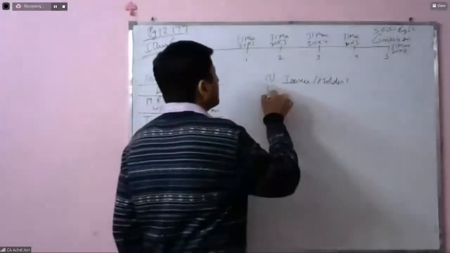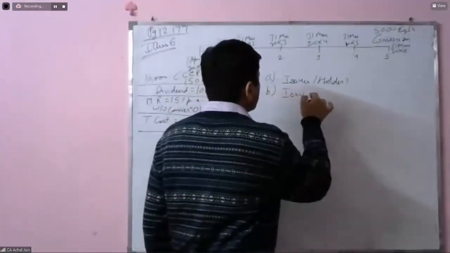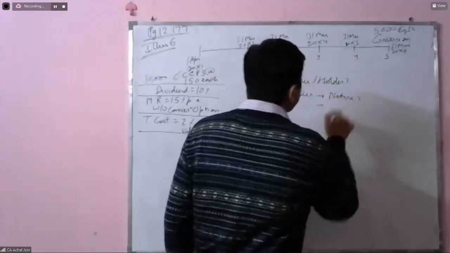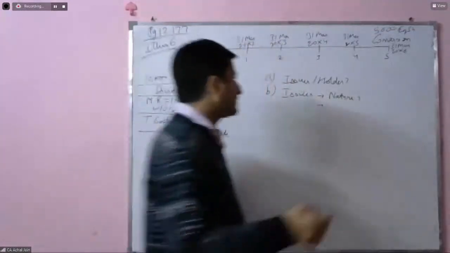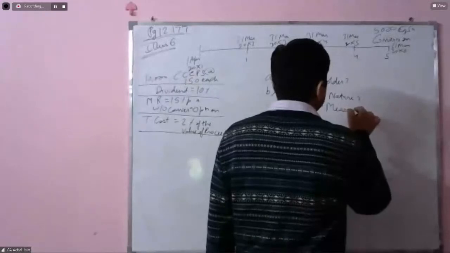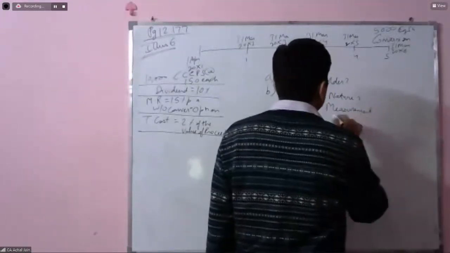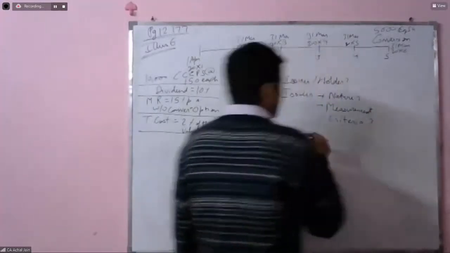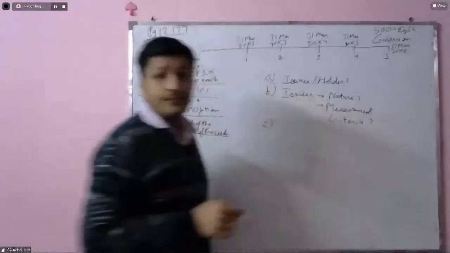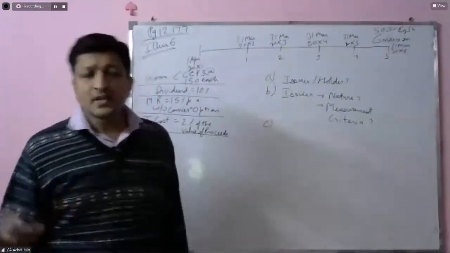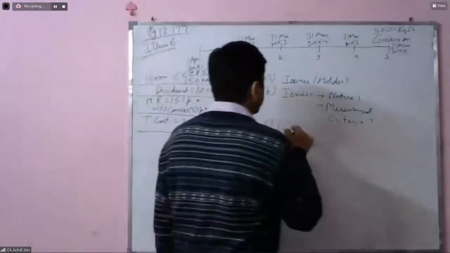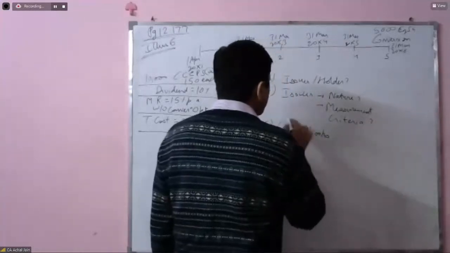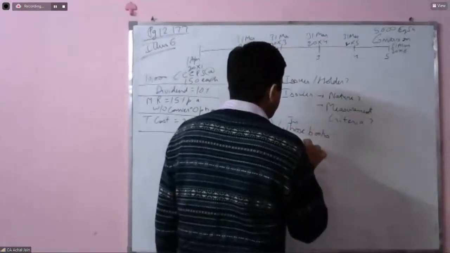Secondly, for the issuer, what will be the nature and what will be the measurement criteria? Third, in whose books is this accounting required to be done as per the question?